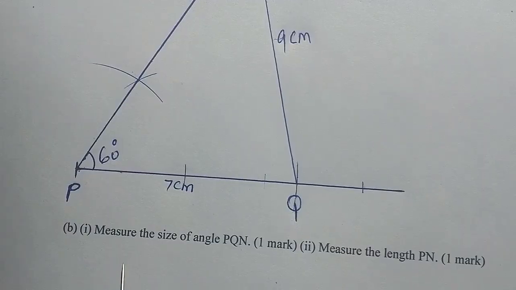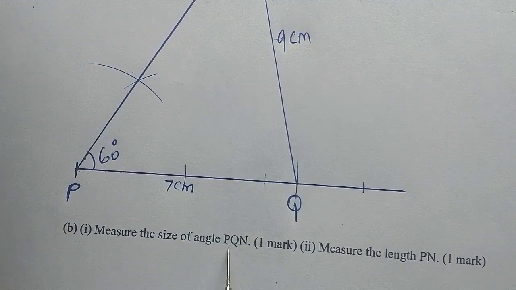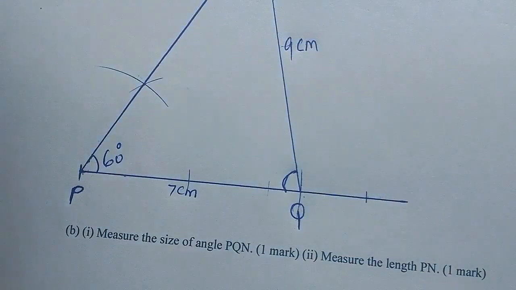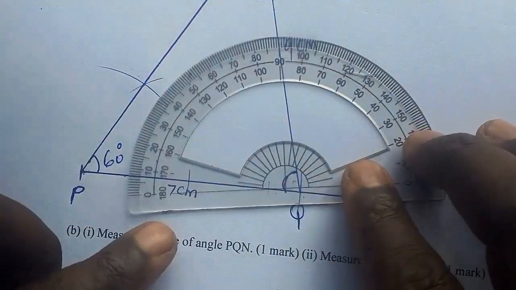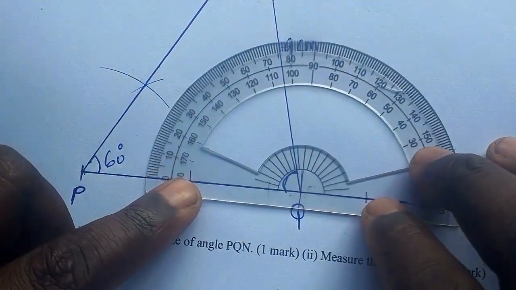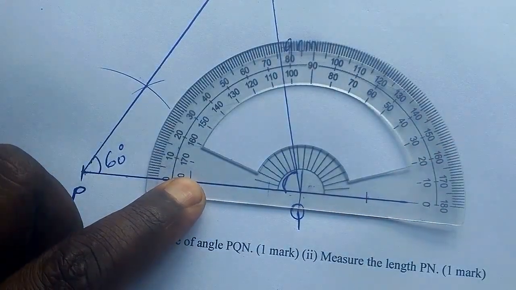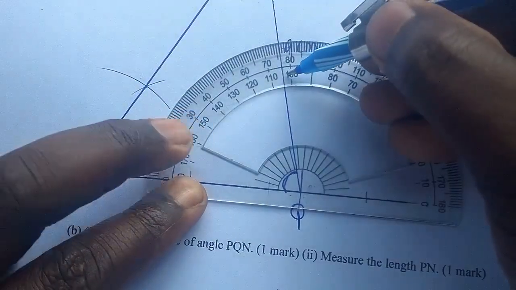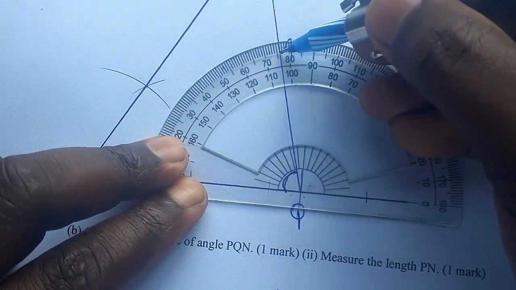Measure the size of angle PQN. This angle. Put your protractor like this. Then read here. This is 71.